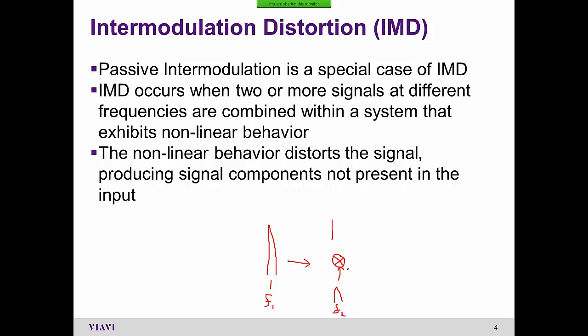Those two signals actually mix, F1 and F2, and out the other end, you end up with F1 and F2, but you also end up with these intermodulation distortion artifacts below and above those two signals that were input to the mixer.